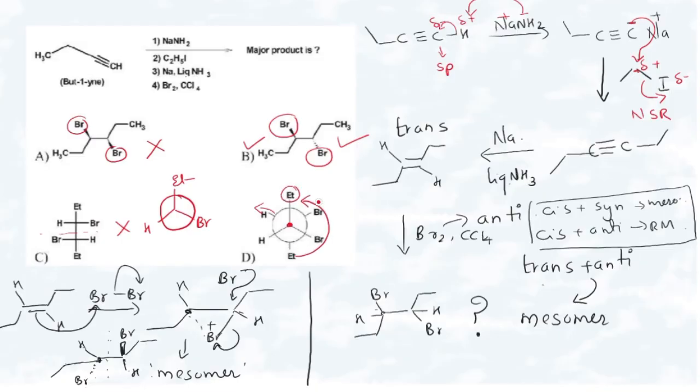That means you rotate the carbon by 180 degrees. So this goes behind this. And if it is going 180 degrees, obviously the bromine will go behind the hydrogen and this hydrogen will go behind the bromine. So you see only these two are on the same plane, but hydrogen and bromine are not on the same plane. Therefore, when you convert this to the Fischer projection, it looks somewhat like this. That means there is no plane of symmetry. Therefore, this is also not correct.